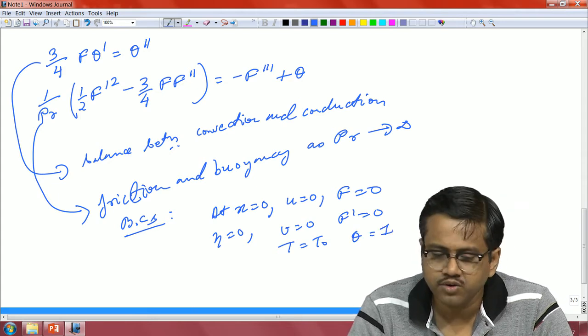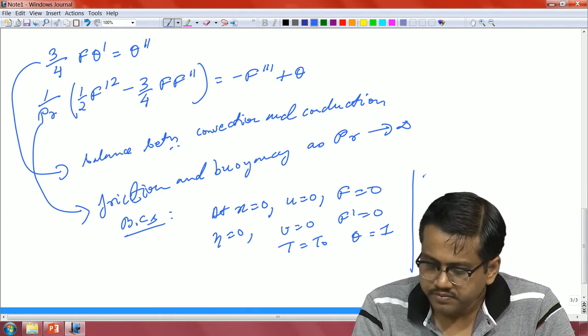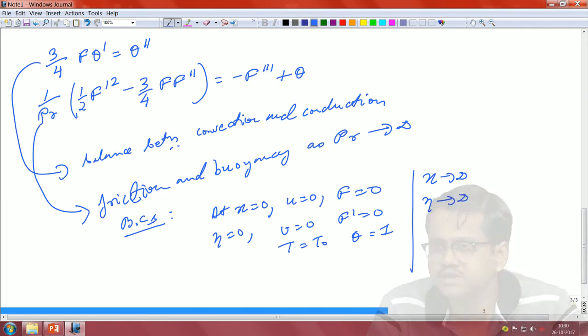Check all these things out, it should be pretty self obvious, right. As x goes to infinity, eta goes to infinity, correct. So, v goes to 0, t goes to t infinity, f prime goes to 0, theta goes to 0, right.